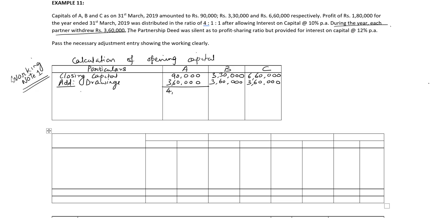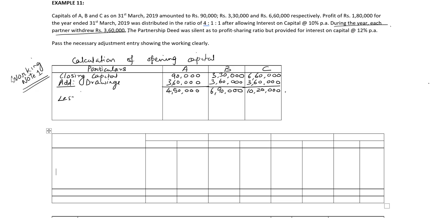So we get the answer for A as 4,50,000 rupees, for B as 6,90,000 rupees, and for C as 10,20,000 rupees.